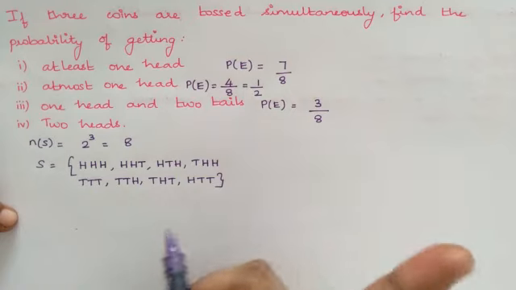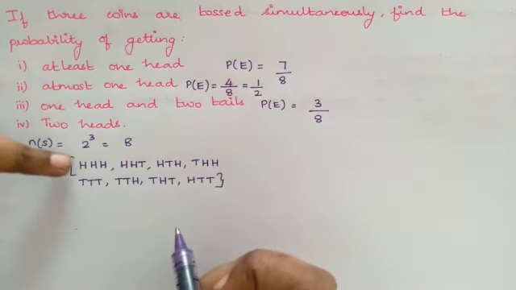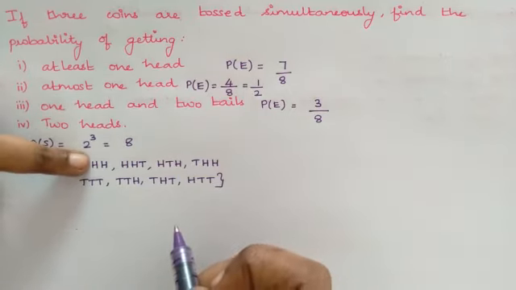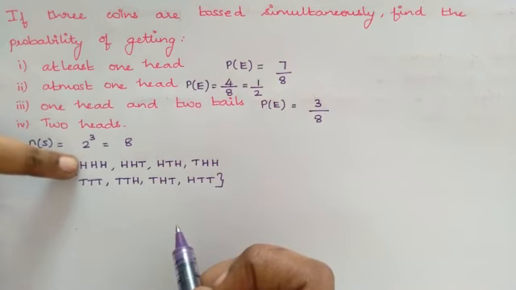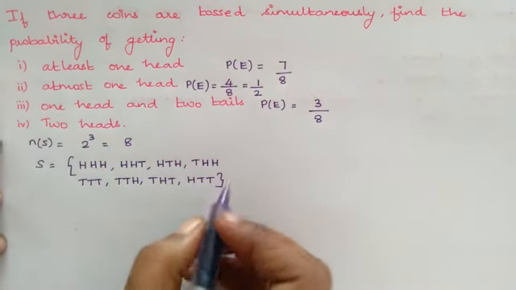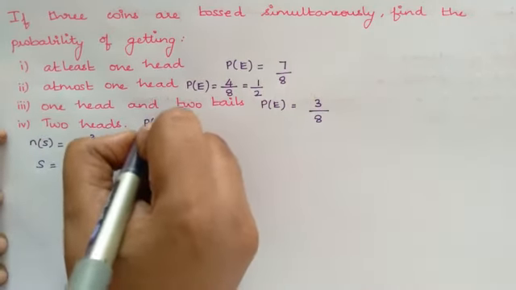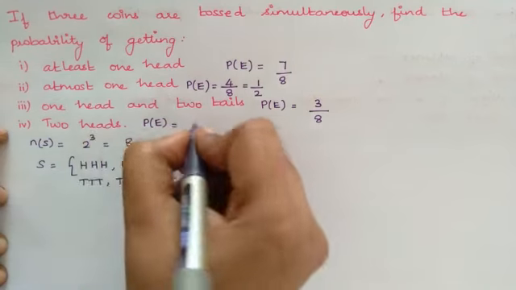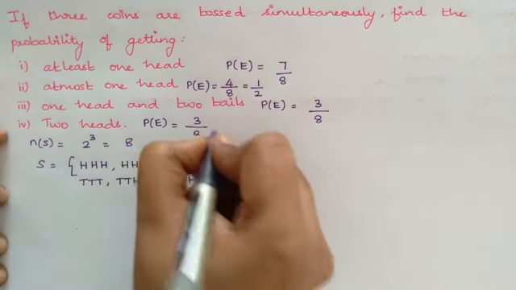Only two heads. Remember we are not taking three heads here, though we are getting two heads here. This is where all the three coins are giving head, so this is not included. Only two heads, that only we are taking here. So the probability of the event of getting two heads is 3 by 8. That's it.